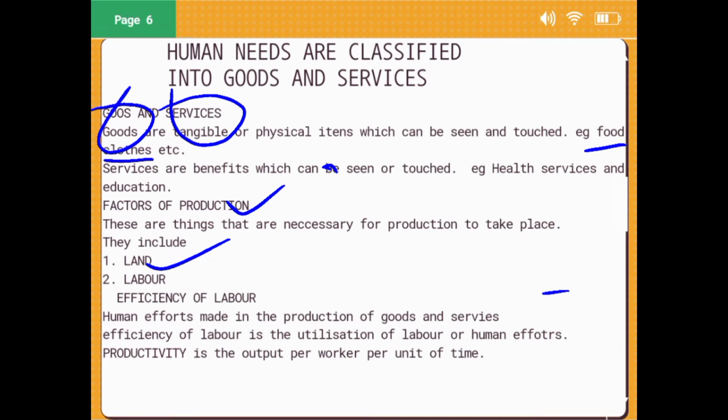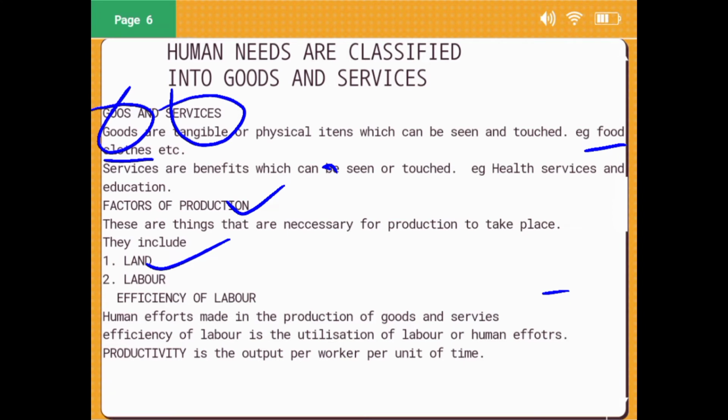So we refer to that as what? Land. So when you are talking about land as a factor of production, bear in mind that we are not just talking about the soil. We are referring to all the natural resources found on earth, made available by nature.